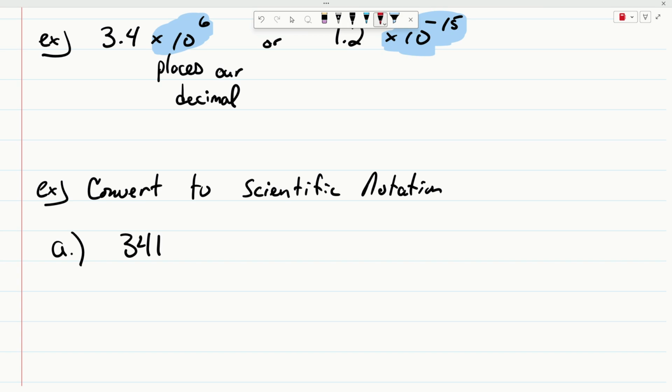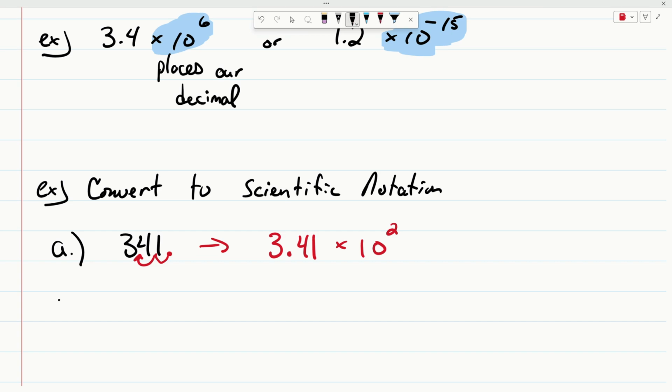So if we look at 341, please note that the decimal is on the far right. So I'm going to move it 2 places to the left. By doing that, that gives me 3.41 times 10 to the second. So if I move to the left, it is a positive exponent, and I just label how many times I moved it. That's it.